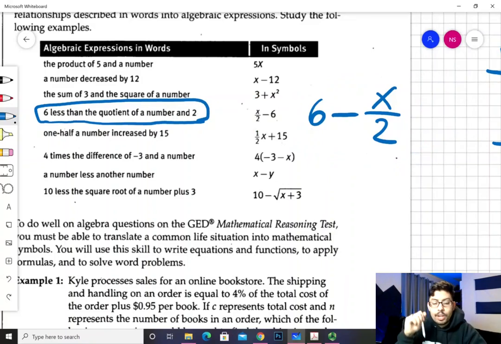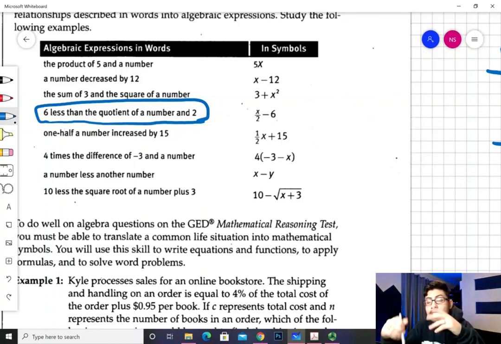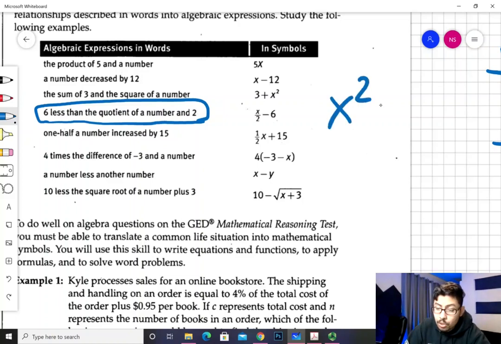And the thing is, whenever you are dealing with subtraction, make it a habit of really paying attention. 6 less than, that when you see the keyword less than, it's actually going to go the opposite way. It's going to be at the ending. So if they say 6 less than a number squared, that just means a number squared and then 6 less than that number squared.